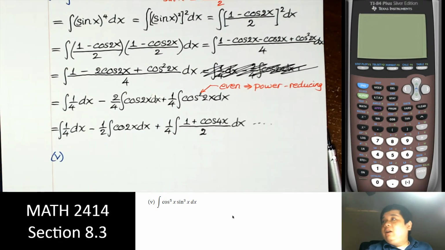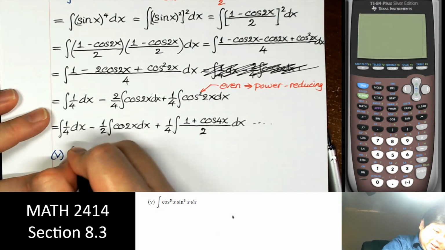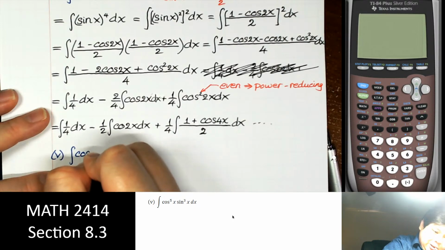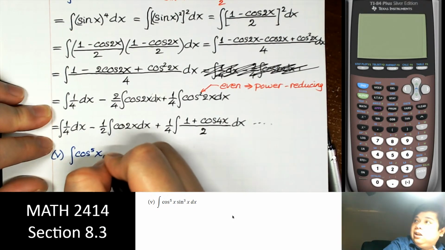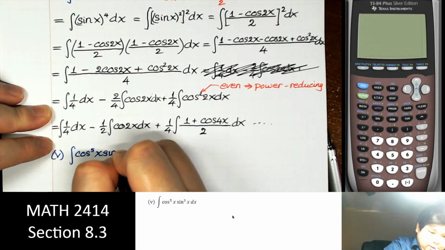Five. Cosine to the fifth, and then sine cube.